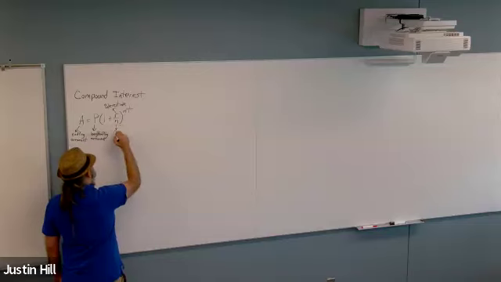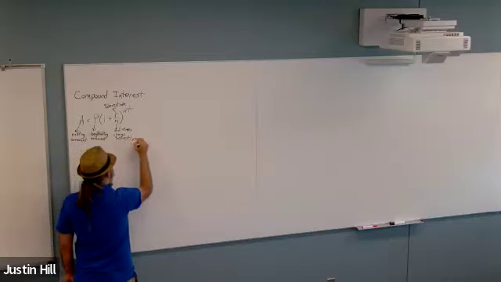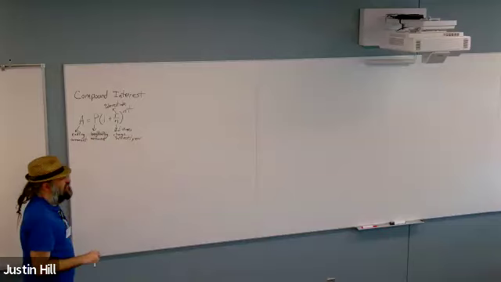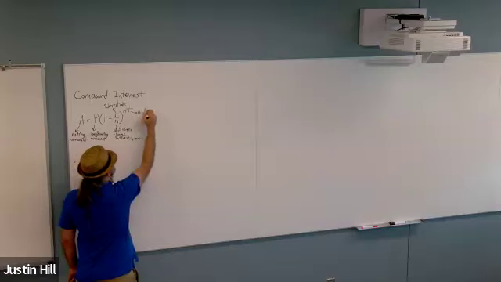N is the number of times per year they charge interest. And T is the number of years that you took that loan out for.